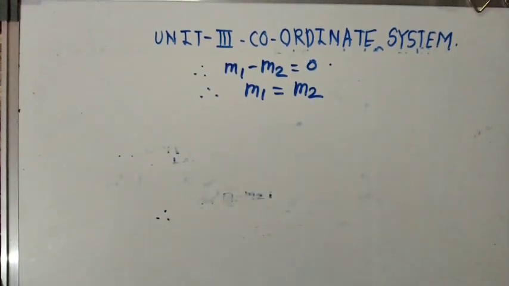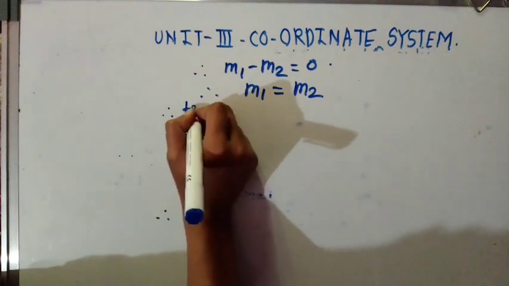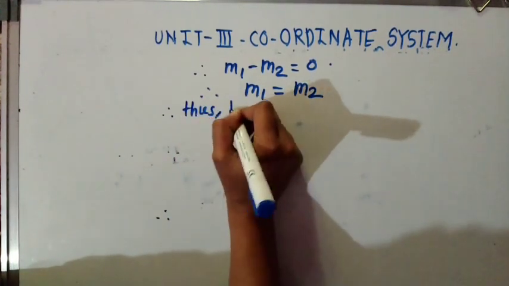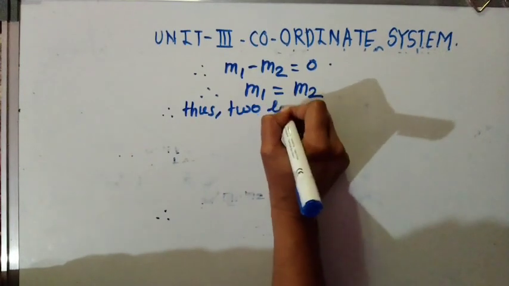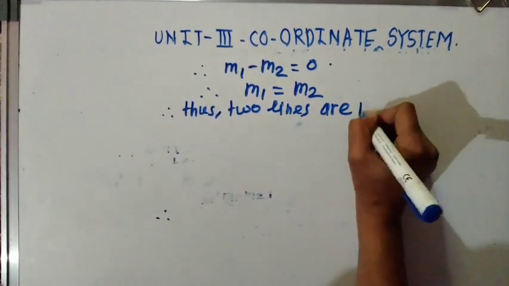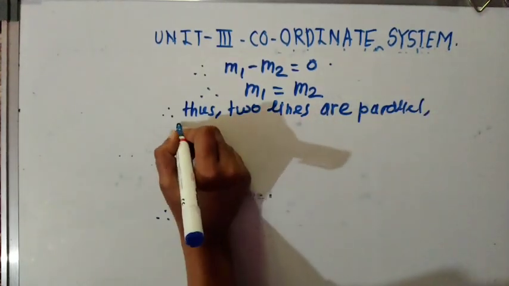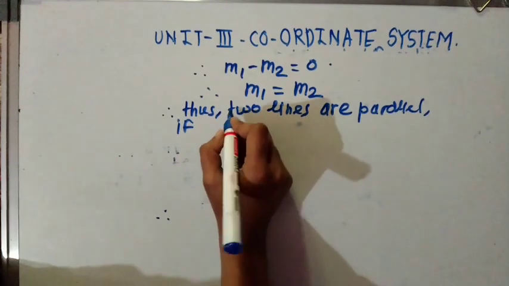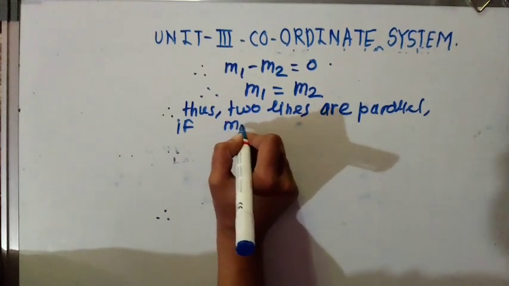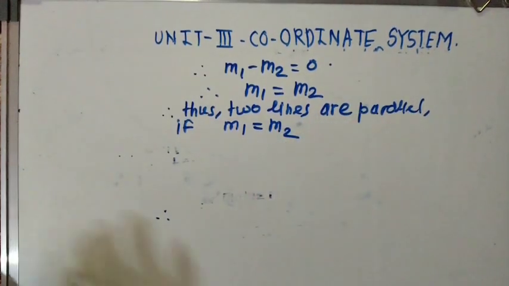Thus two lines are parallel if and only if their slopes are equal, m1 is equal to m2.